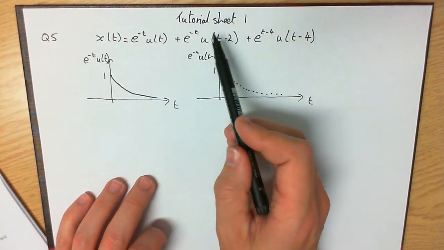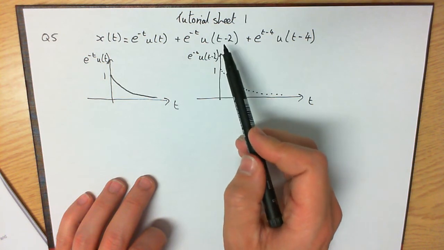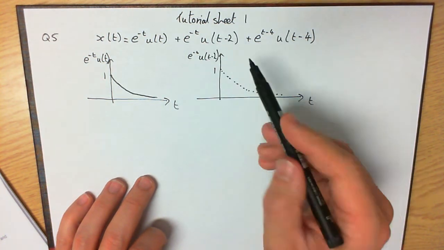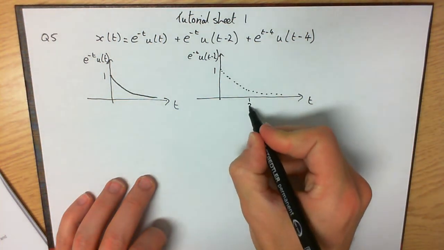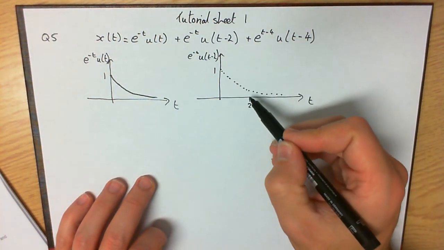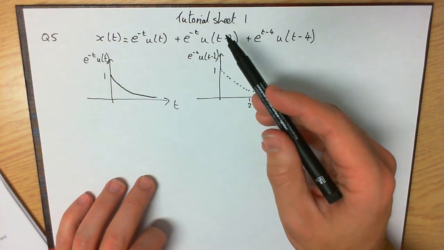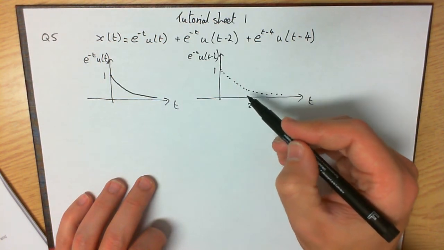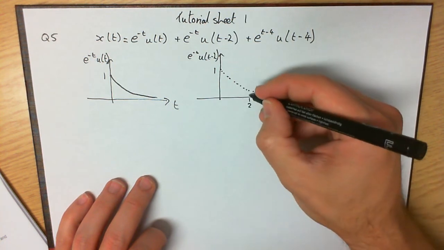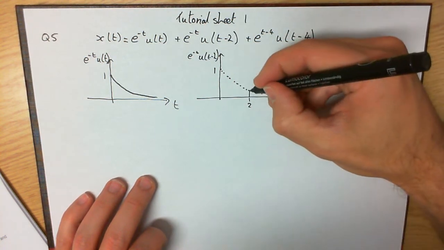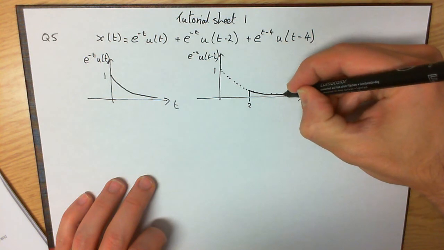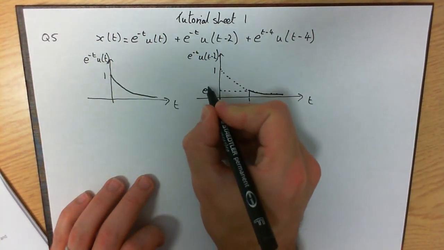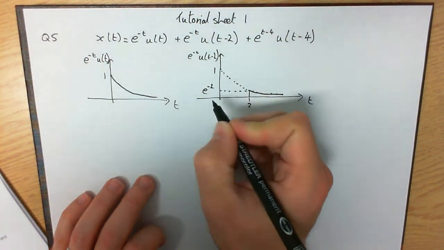But of course we have this unit step function, which is shifted to time t equal to 2. The unit step function essentially acts like a switch, so there's nothing occurring before time 2. And at time 2 it switches the function on, and that has an amplitude of e to the minus 2.